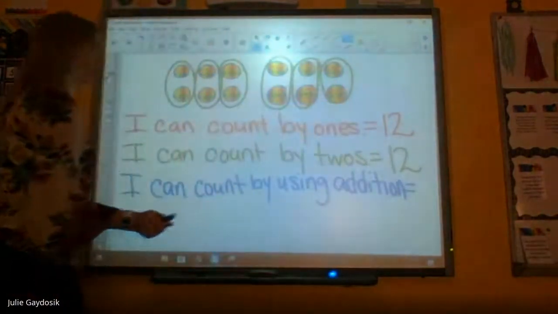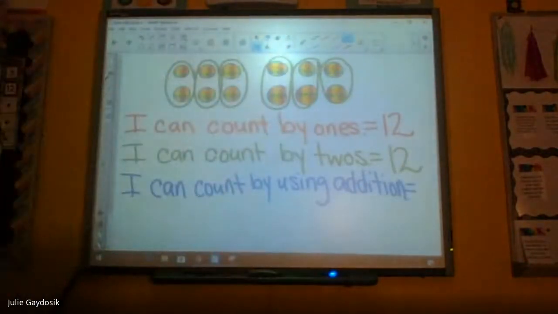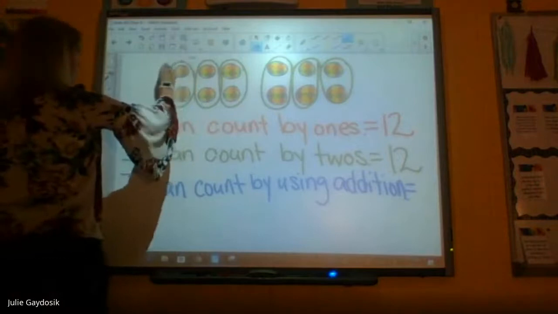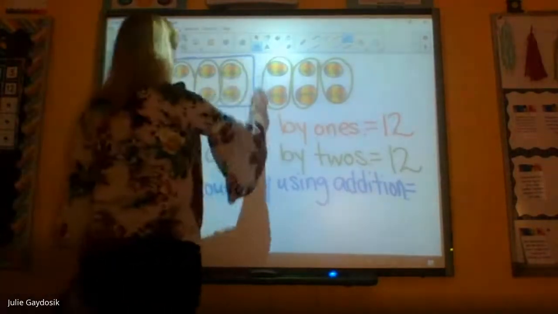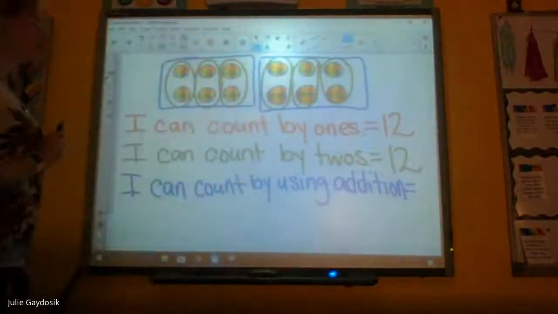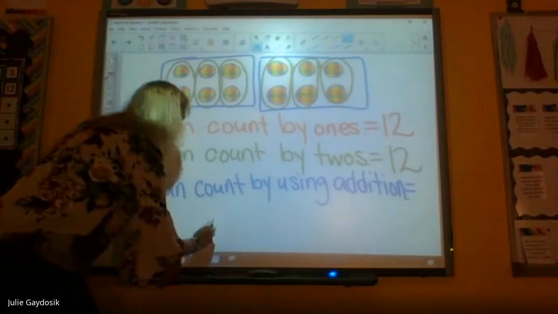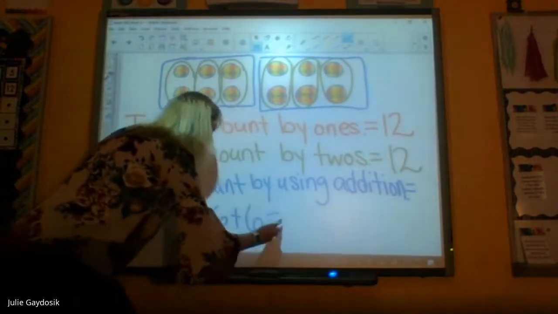I can count by using addition. So I can see that there is a group of 6 over here on this side, and there's a group of 6 over here on this side. I could do 6 plus 6.